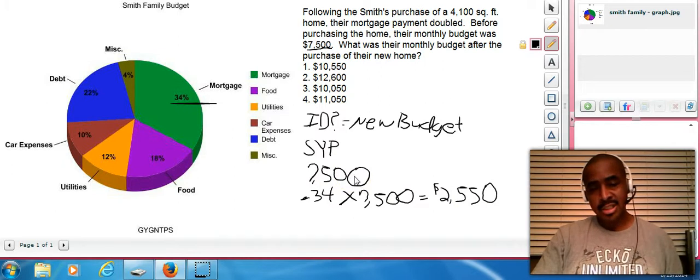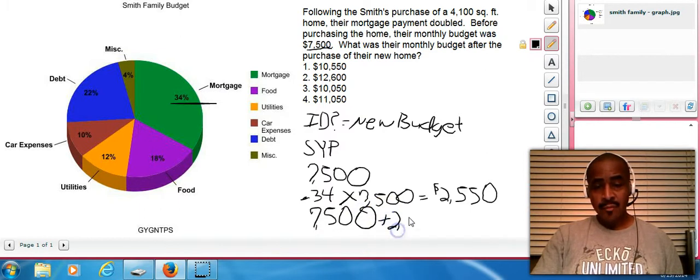If the payment has doubled, all we have to do is simply take that $7,500 and add another $2,550 to that value, and that's going to give us $10,050.